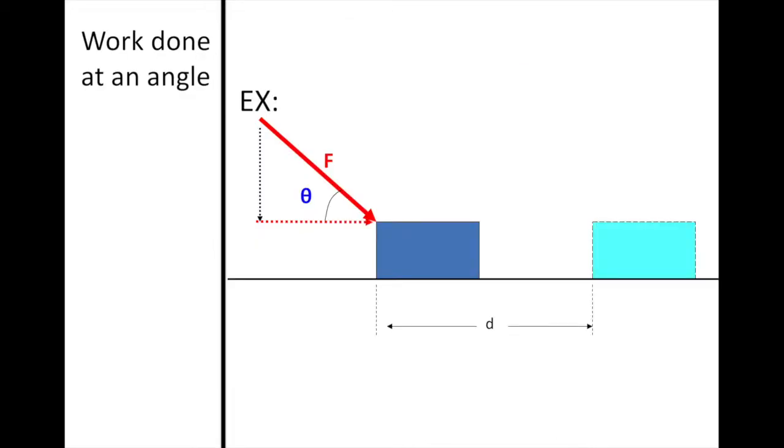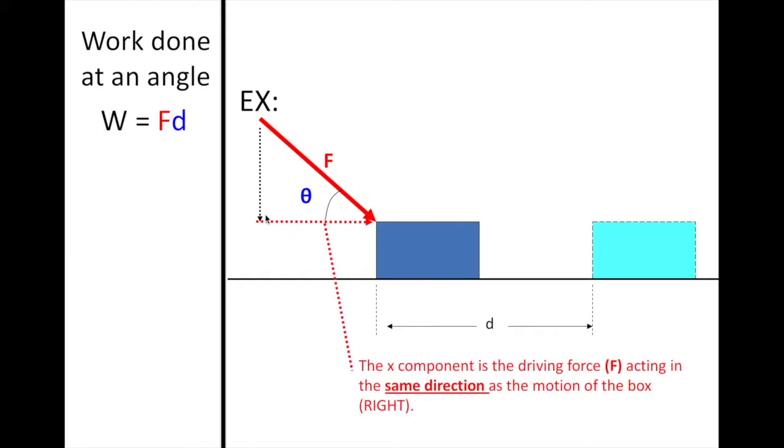When you are doing work at an angle, so let's say you're pushing or pulling on an object, moving that object, but you're pushing at it at an angle, things will change a little bit. We know that the equation is work equals the force times the distance displaced. Well, when you have a force at an angle, there's a y component and an x component.